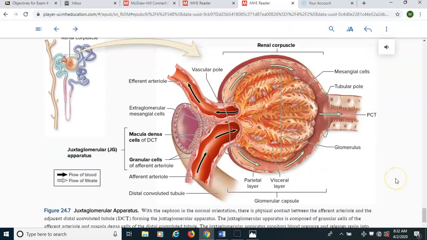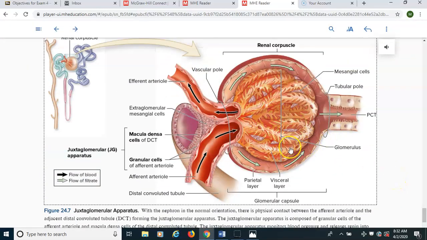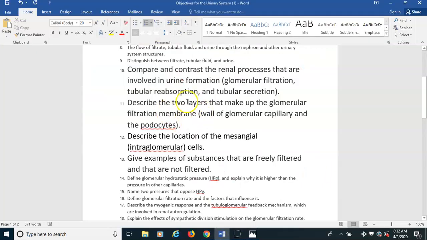All right, so we're going to look here at our glomerulus. And so this is to describe the two layers that make up the glomerular filtration membrane. So just like we had with the respiratory system, we had the respiratory membrane, and that's where the gas, oxygen and carbon dioxide, that's the part of the lungs where they would cross and be exchanged between the air and the blood.